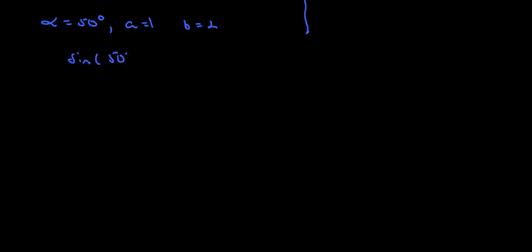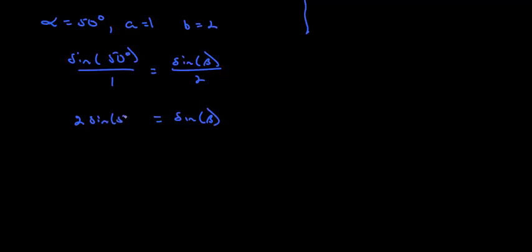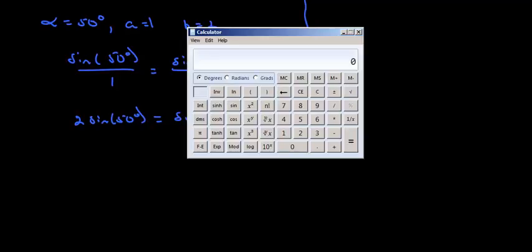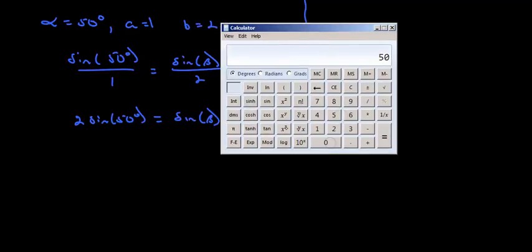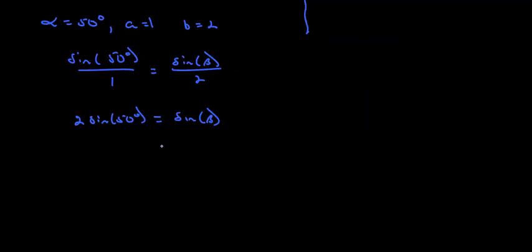So then the sine of 50 degrees over 1 is equal to the sine of beta over 2, which means the sine of beta is equal to 2 times the sine of 50. And the sine of 50 is 0.76, and we multiply that by 2, we get 1.53.